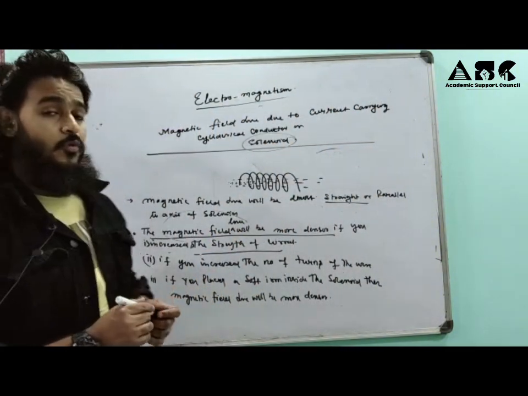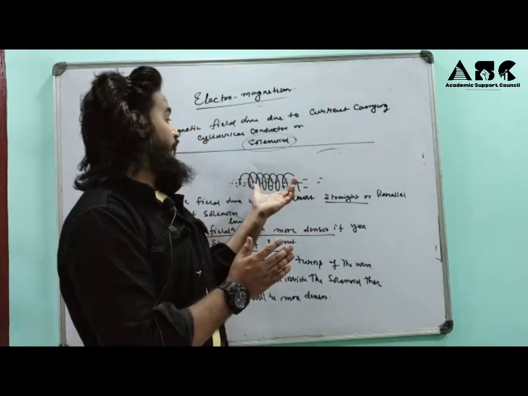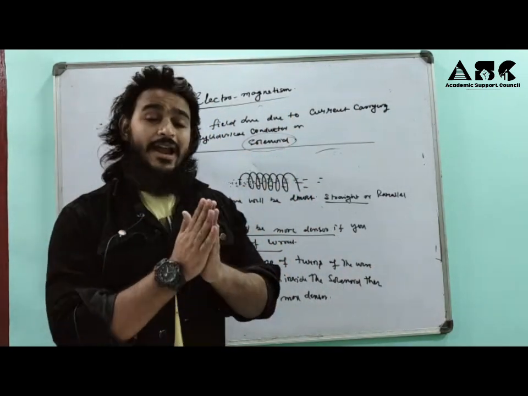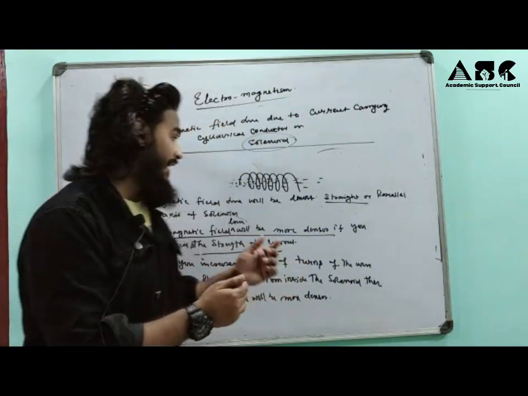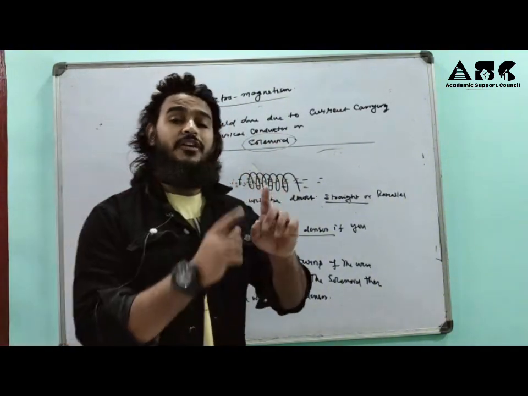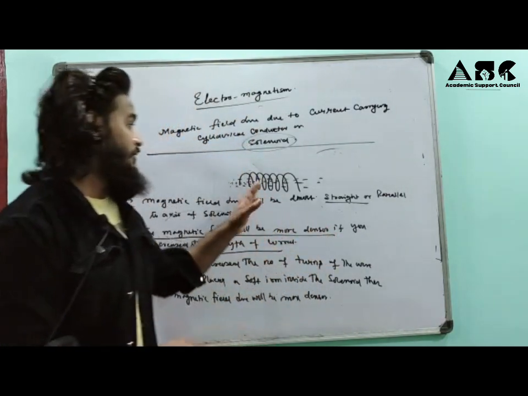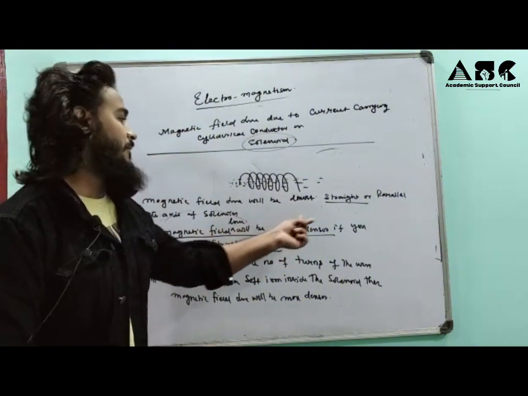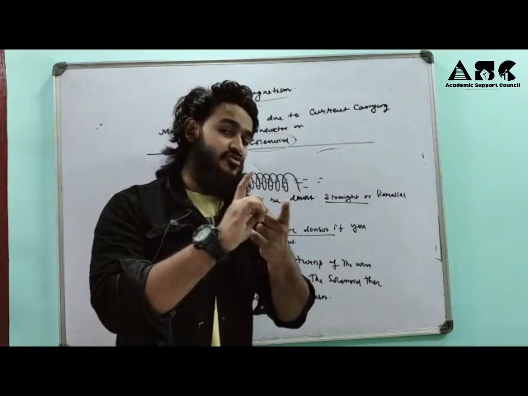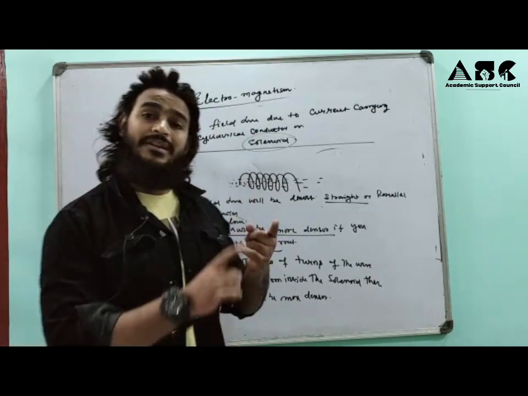First we discussed what a solenoid is and how to increase the density of magnetic field lines. Just remember in sequence: if you increase the strength of the current, the magnetic field will increase.